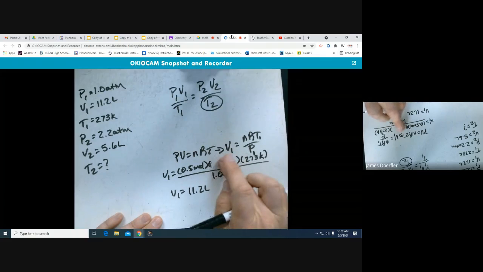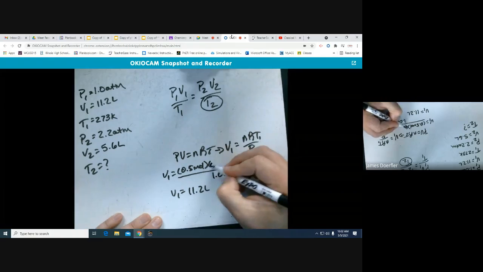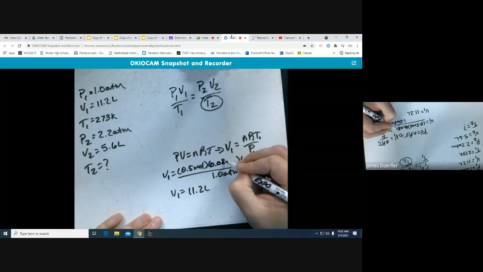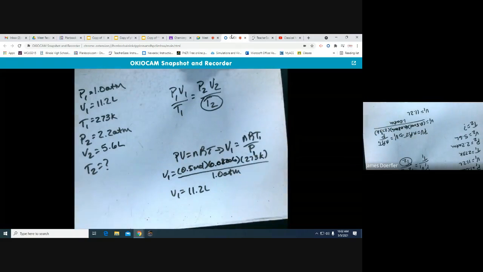No, I had it right the whole time. 0.08206. This is why I like doing stuff on the board. Since I made a boo-boo first hour. What was your question, Adam? Yeah, that's me. I'm the same. I am that way.